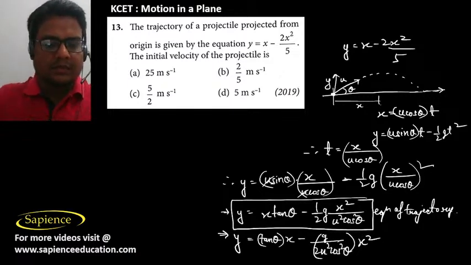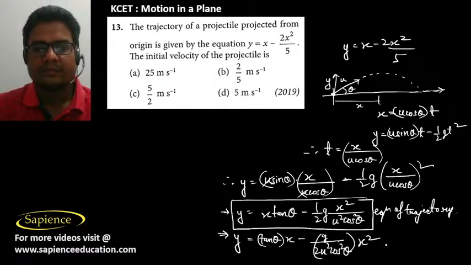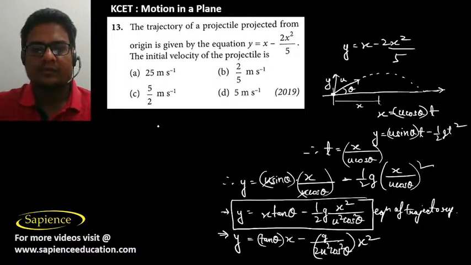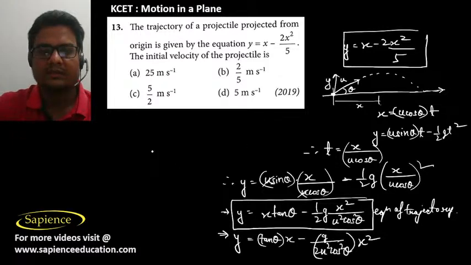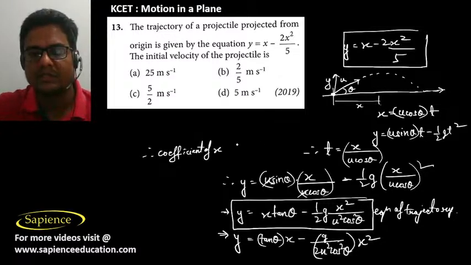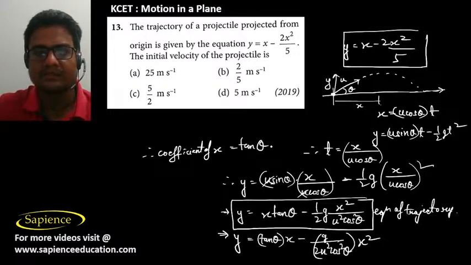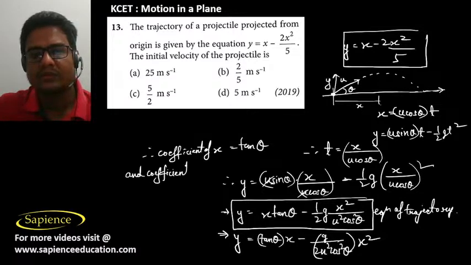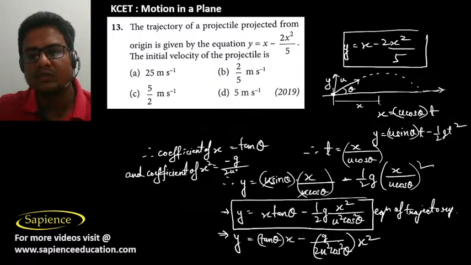So if we compare these two equations, the coefficient of x in the equation of the trajectory will give us tan theta, and the coefficient of x square will give us the value of minus g by 2 u square cos square theta.